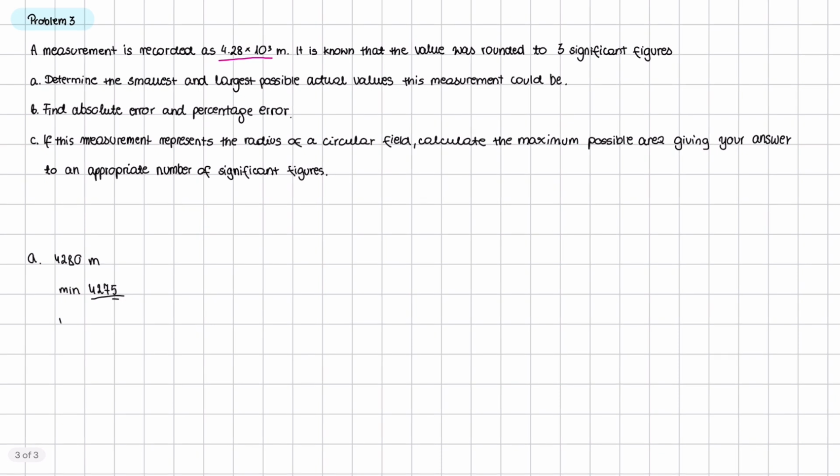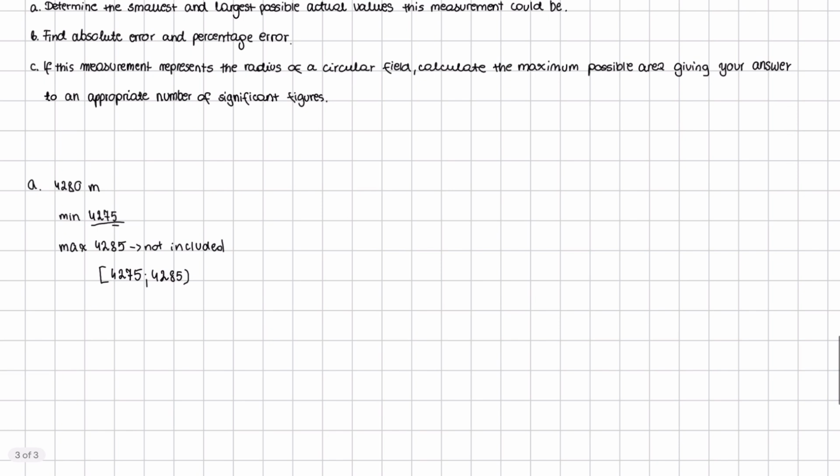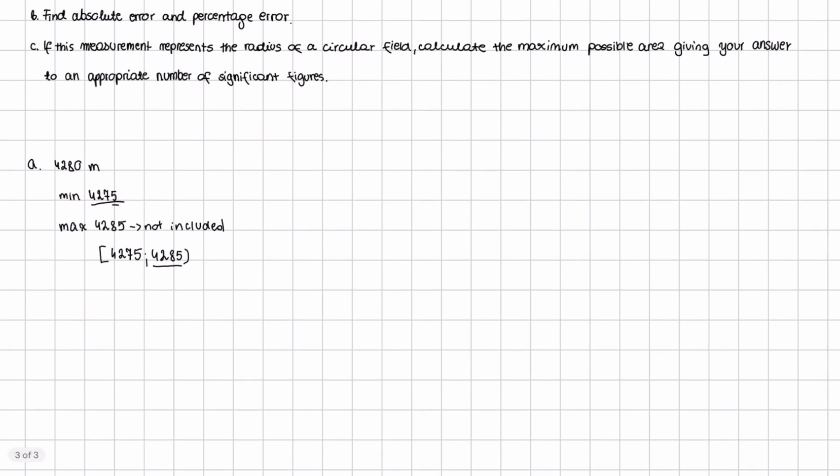In the same way we can find the maximum value, which will be 4285, which is not included, because it can be... we can also write it as from 4,275 in a closed bracket to 4,285 in an open bracket, because there can also be numbers such as 4,284.999, and we just write it like this.